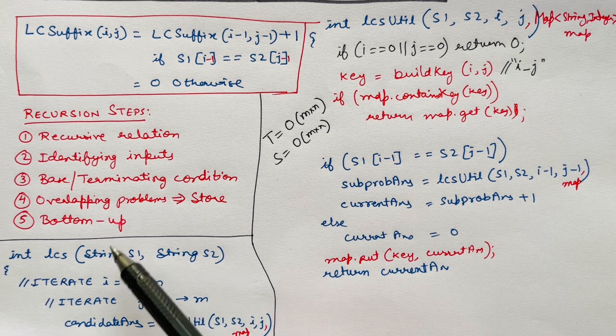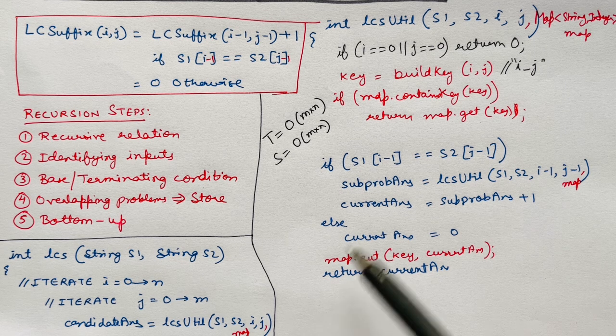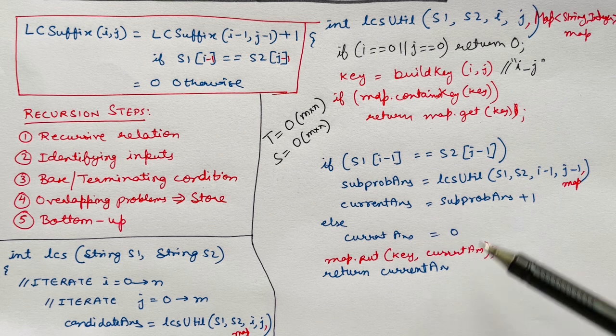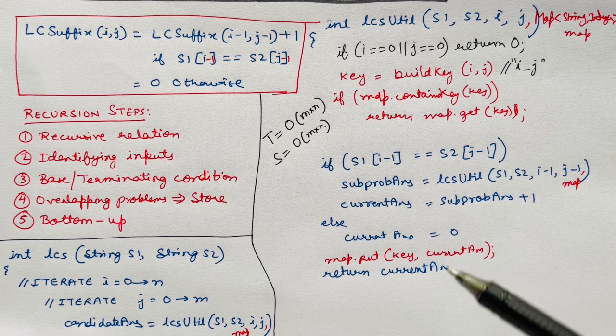Now the next step is thinking about the bottom-up approach. But why do we even need to think about the bottom-up approach? What is the problem in the top-down approach? The problem is recursion. As the recursion tree grows larger, the number of method calls also grows larger, and every method call occupies some space in memory.